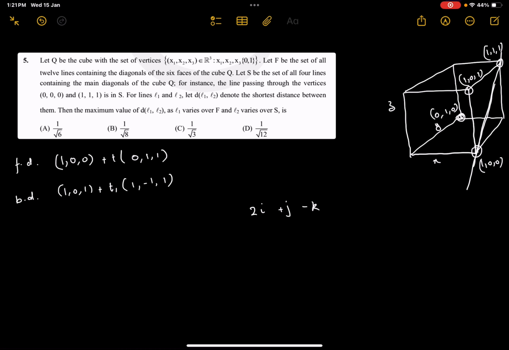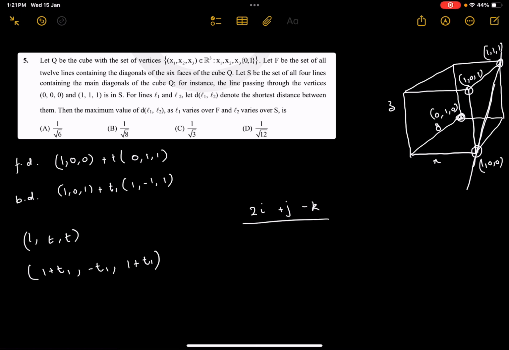Now we'll need to find the points where this vector intersects. So let's keep this on hold. Let's start with the points on these two lines. So that makes the general form of a general point (1, t, t) on FD, and on VD it's (t1, minus t1, 1 plus t1).